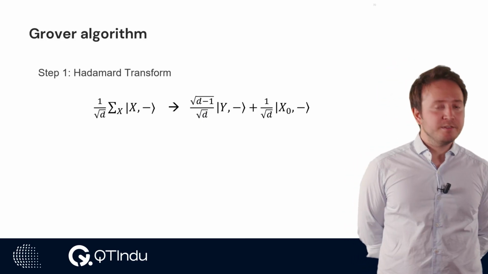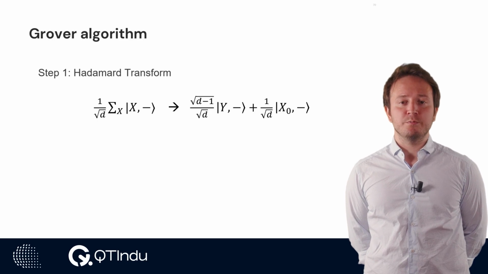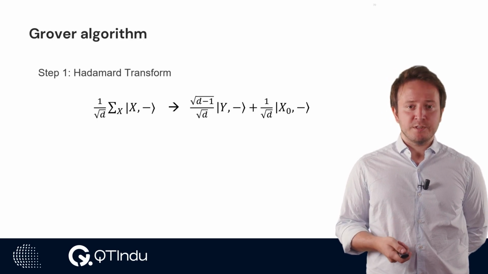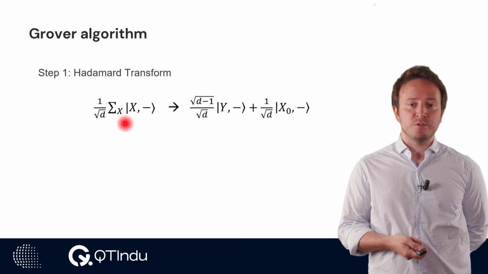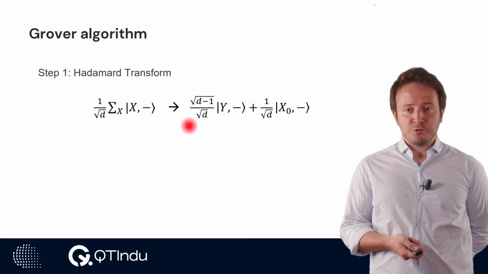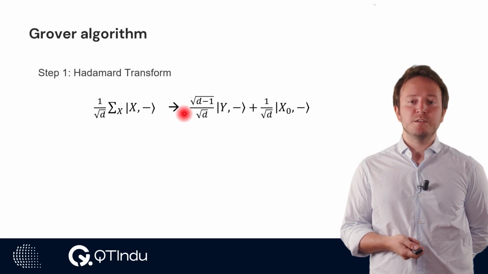So let's reinterpret the step that we just took in terms of this new basis. Now, the Hadamard transform, we saw, produces a coherent superposition of all possible input states, wanted or not wanted. If we want to rewrite it in terms of those two states that we just introduced, then we need to be a little bit careful with the prefactor.